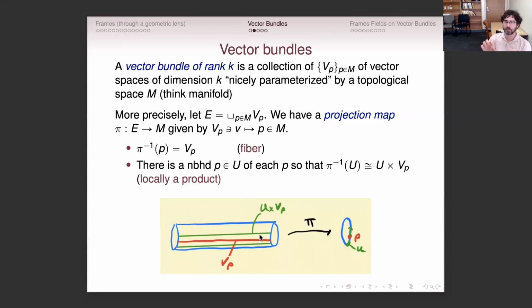But what's happening is that on small scales, you can take little neighborhoods, and if you think about what they correspond to in the bundle, you get this little green product neighborhood here. And so this is the prototype of a vector bundle. This nice parameterization is that it's locally a product, although it may globally be more complicated.